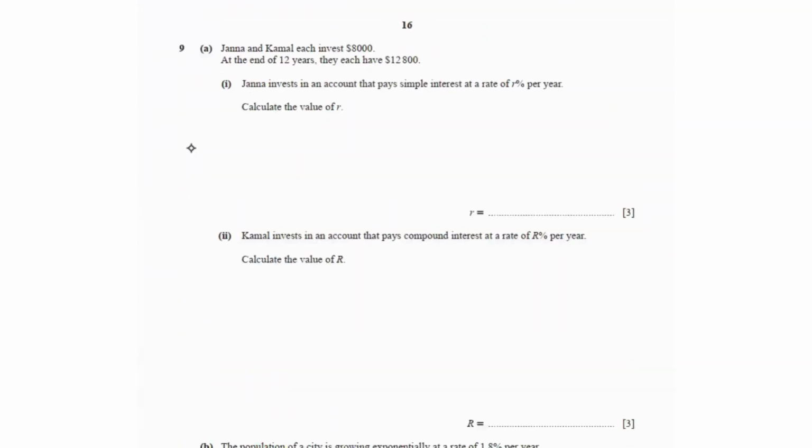Question 9 says, Jana and Kamal each invest $8,000. At the end of 12 years, they each have $12,800. Jana invests in an account that pays simple interest at a rate of R% per year.